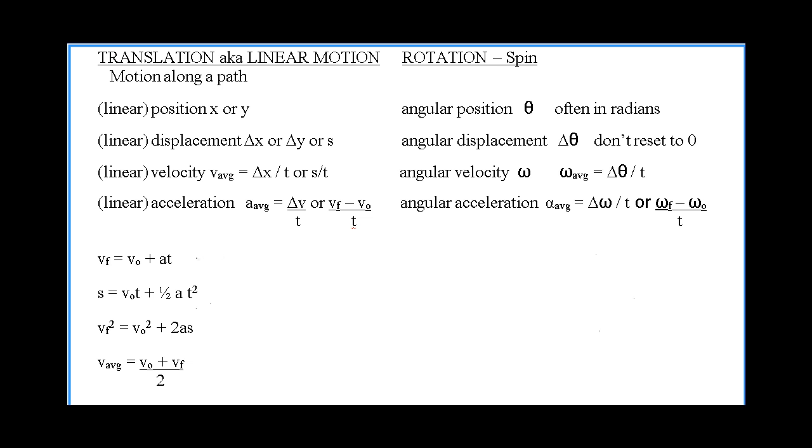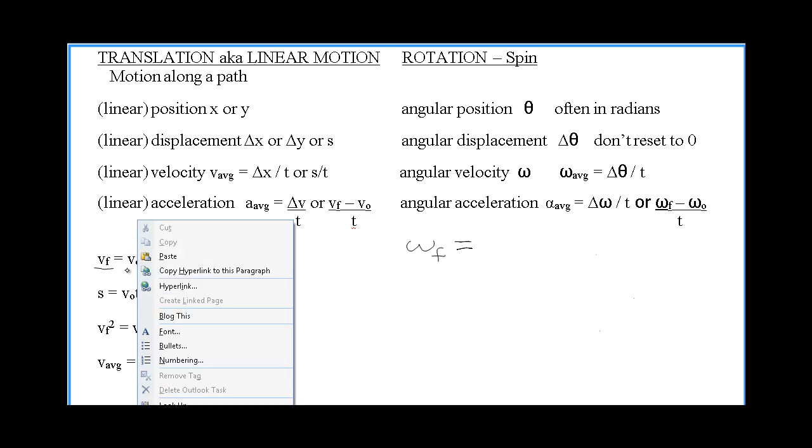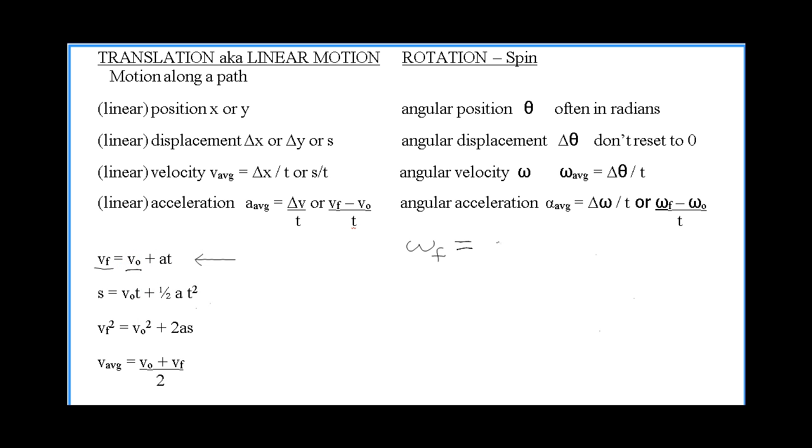For example, on this first equation, we have the final linear velocity equals starting linear velocity plus linear acceleration times time. If instead of final linear velocity, we start with final angular velocity, then we can put in our equal sign. Instead of the original linear velocity, we can put in original angular velocity.